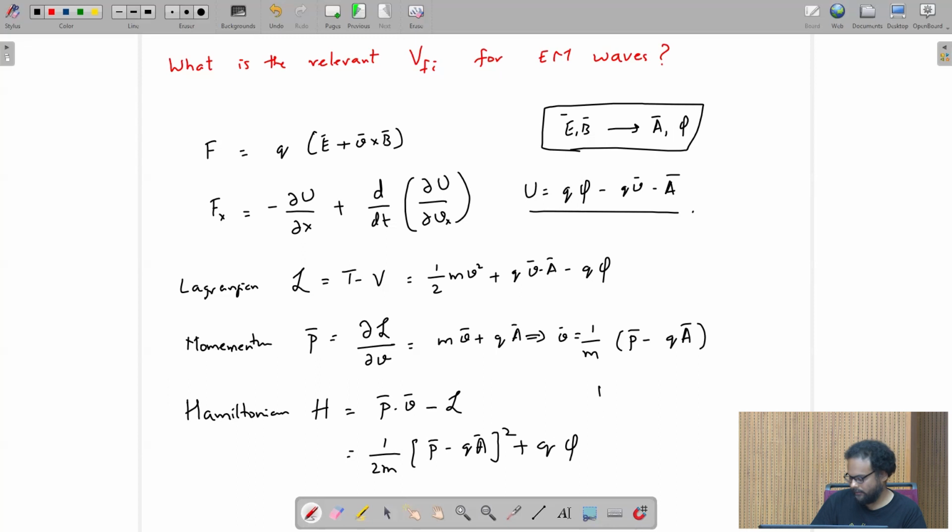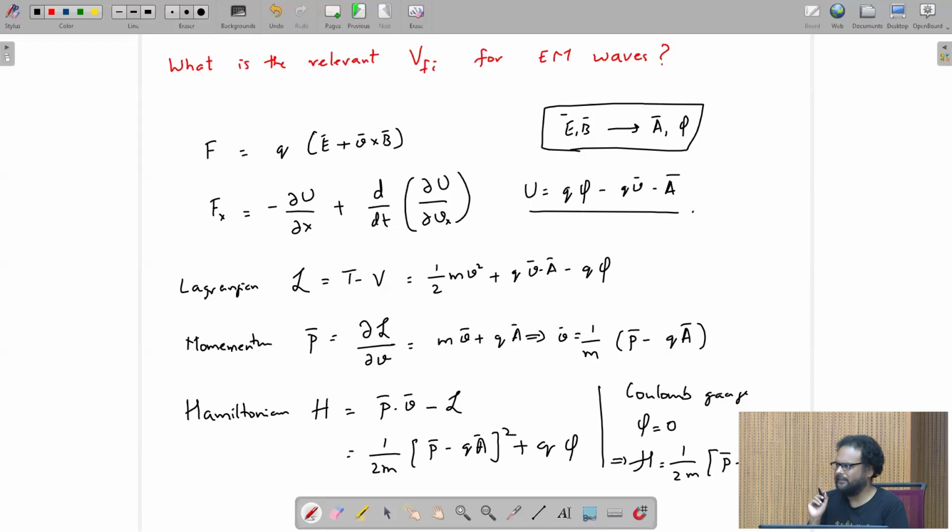Now I'm going to work in the Coulomb gauge, because I like it to be simple, and phi will be 0, which means the Hamiltonian simplifies even further. A slight detour statement here, or a disclaimer. Using the Coulomb gauge for electromagnetic fields is a bit questionable.